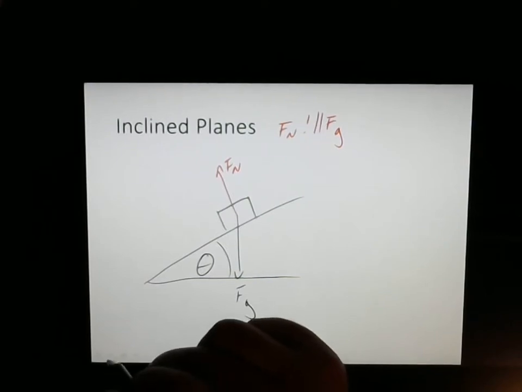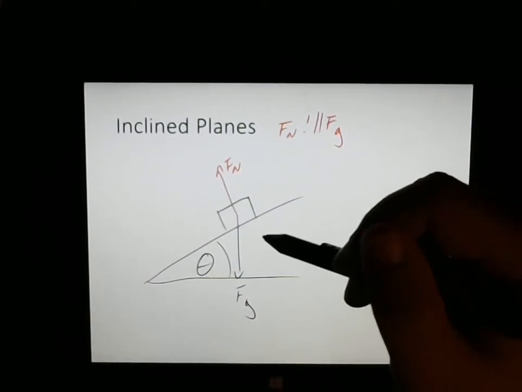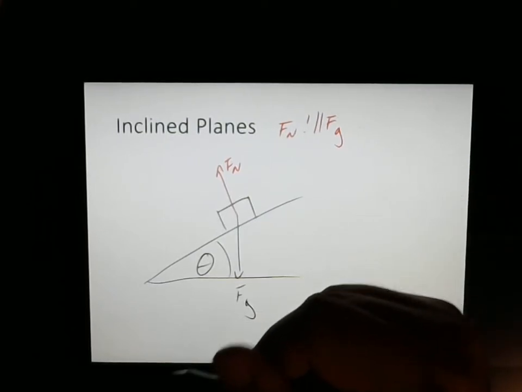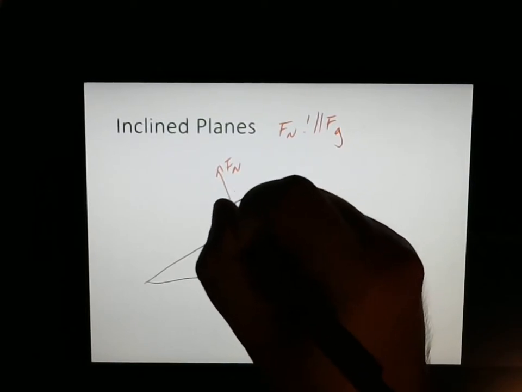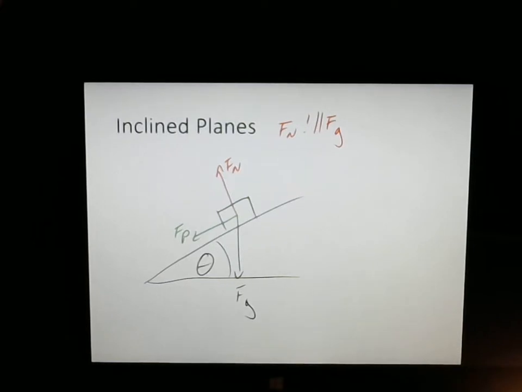Now, if we consider what happens if we keep lifting this ramp up, eventually this book is going to slide down. So that tells us there has to be something acting down, some pulling force acting down the ramp. So we have a little bit of a problem here.